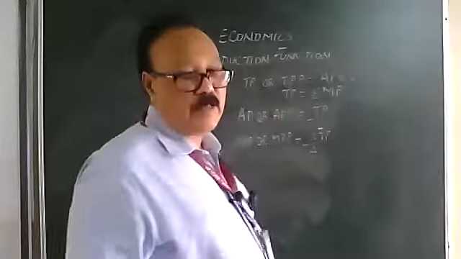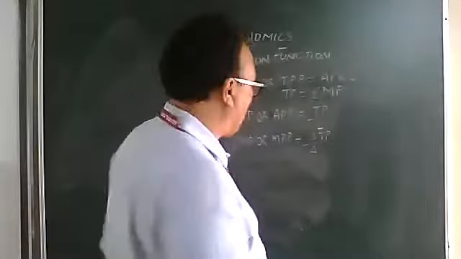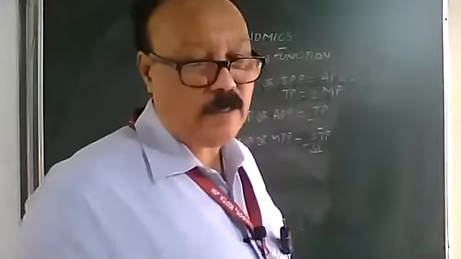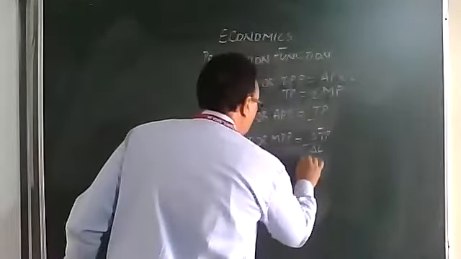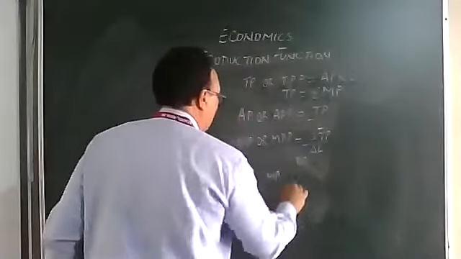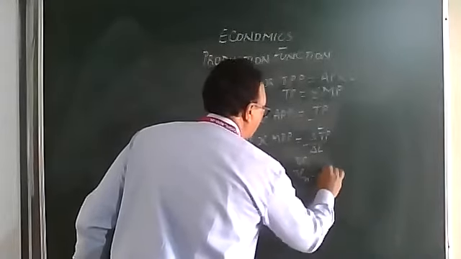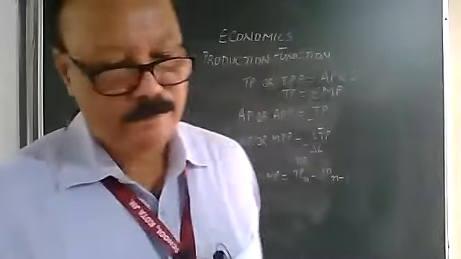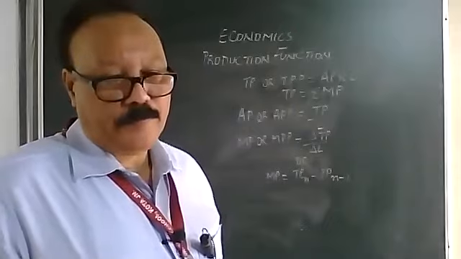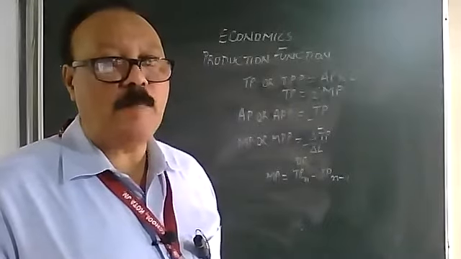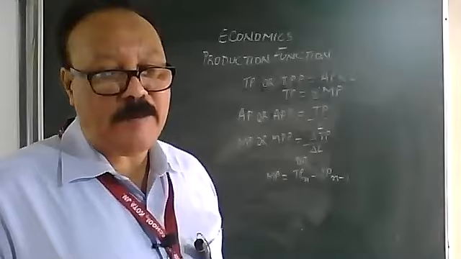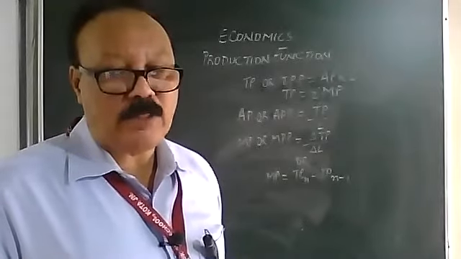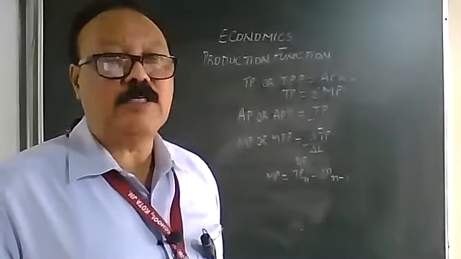Symbolically, it is written as delta TP upon delta L, that is the change in the total product upon the change in the variable factor, or MP is equal to TPn minus TPn minus 1, where TPn stands for total product of n units, and TPn minus 1 stands for total product of n minus 1 units of the variable factor.